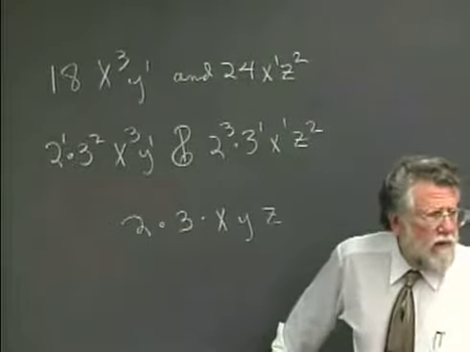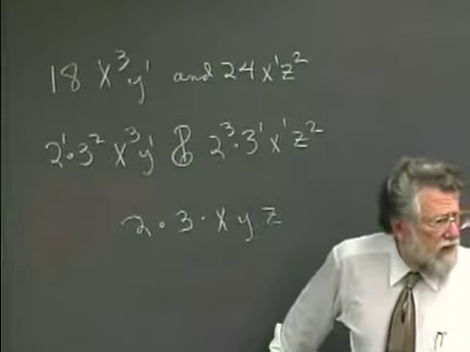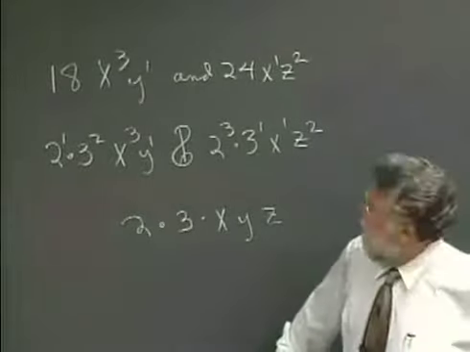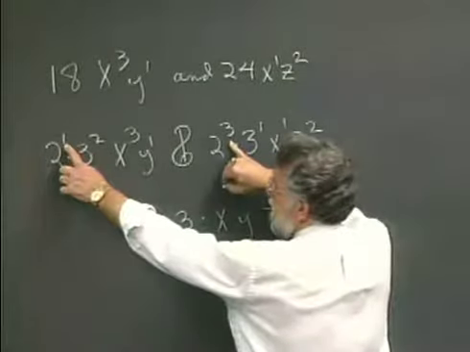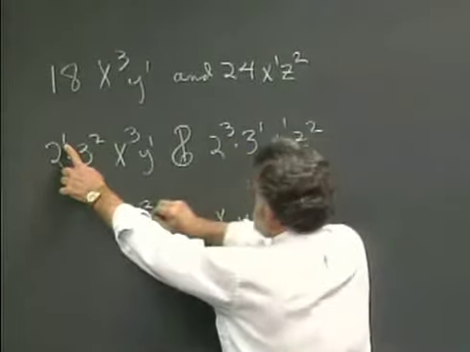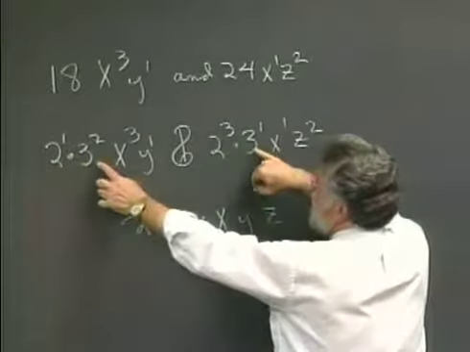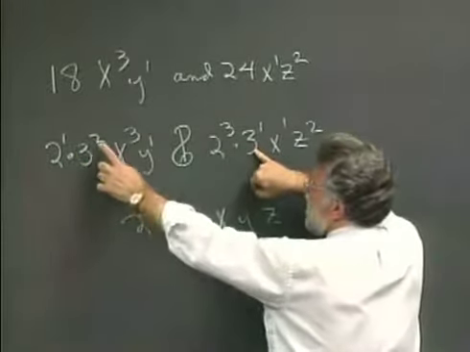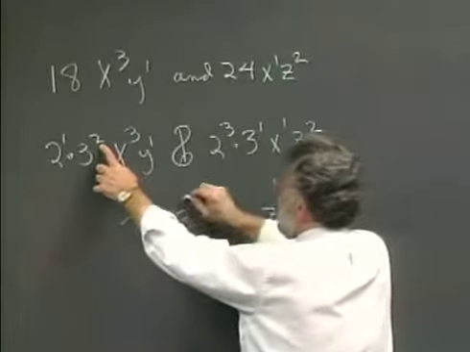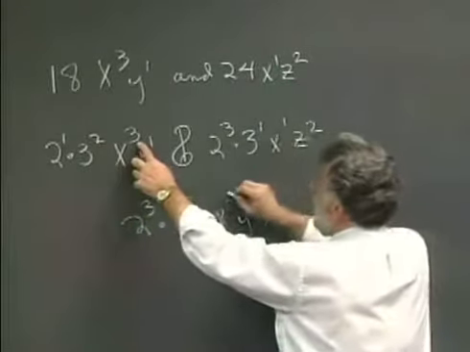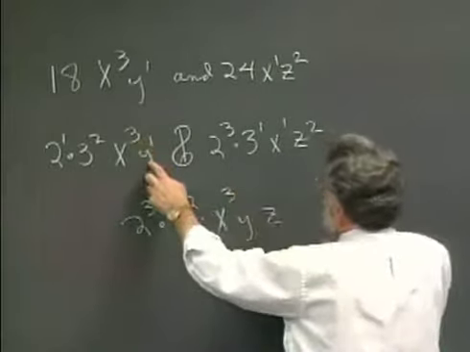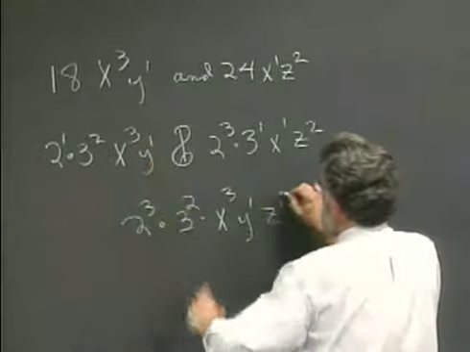Now, what did we search for before? The highest exponent we had. So on 2, I have a 1 and a 3 as an exponent, correct? So the highest was 3. On the base, or the prime of 3, I had an exponent of 2 and 1. The highest is a 2. On x, I had a 3 and a 1. I'll use the 3. I have a y to the first and a z to the second.